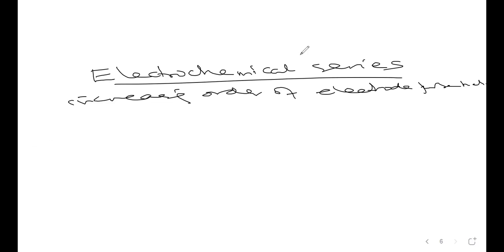Okay, I first of all have the lithium metal. Lithium ion gains an electron to form lithium metal. That electrode potential is negative 3.04 volts. It is followed by potassium.